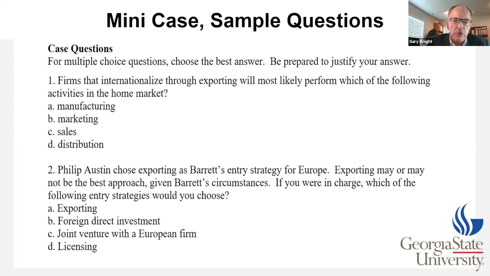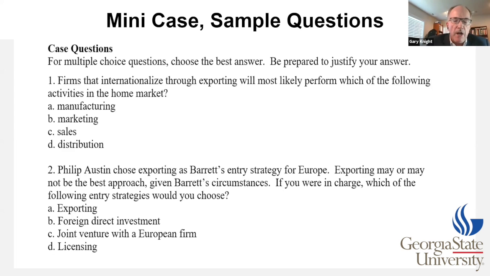And I have structured this question so that when it comes to time to discuss the case in class, I will actually go around and right there on the spot poll students as to whether they answered A or B or C or D. And this gives me the opportunity then to go back to those students that answered A, for example, exporting. Why did you choose exporting? Please explain why you thought that exporting was the best entry strategy for Barrett in Europe.